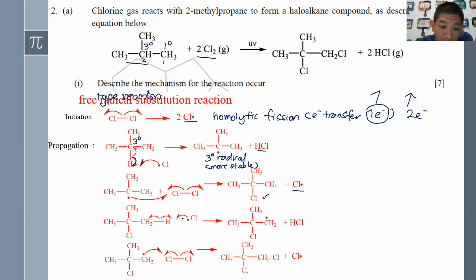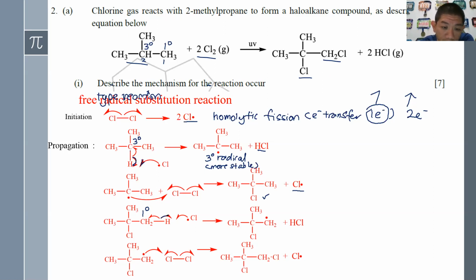You can see the next chlorine, because our desired product is CH2Cl. So you must also propose how the chlorine radical attacks the primary haloalkane here. The chlorine radical will attack the CH3, which is the primary haloalkane.